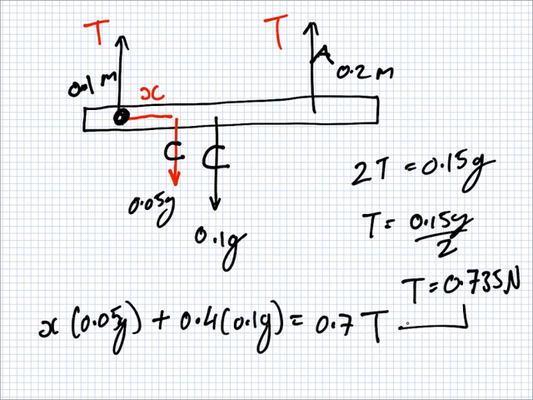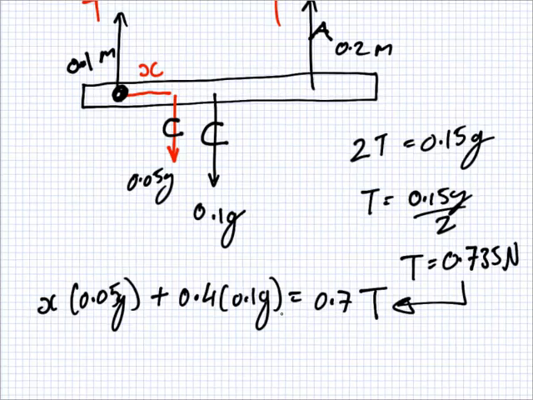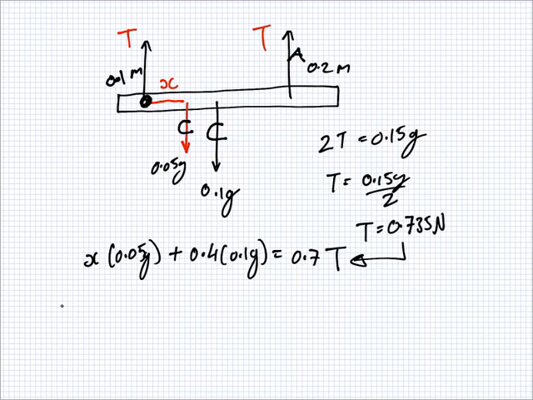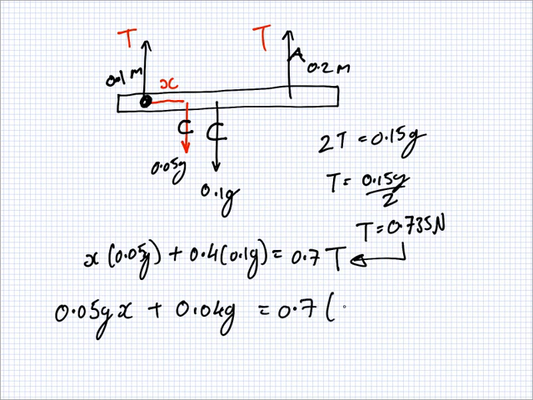We can put the T in. So we get 0.05 gx plus 0.04 g equals 0.7 times 0.735.